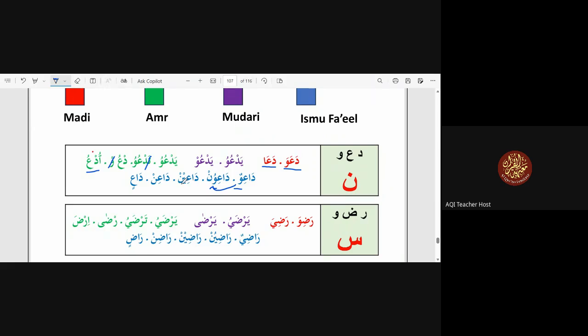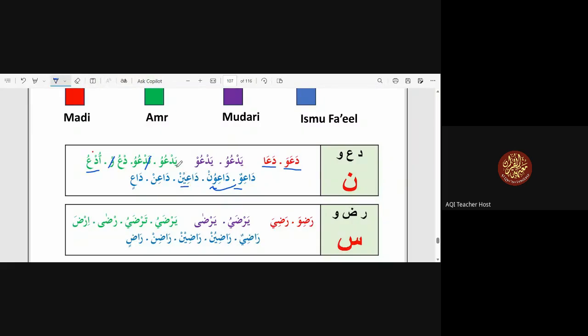Now the next process: if there is a kasra before ya or waw, it is changed to ya. This is the second process. And the third process is that ya or waw with dhamma, difficult to pronounce, gets sukun.